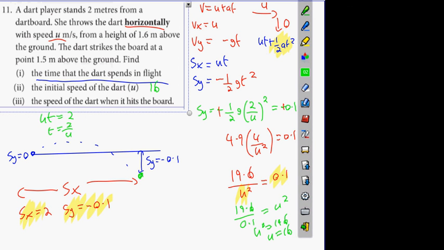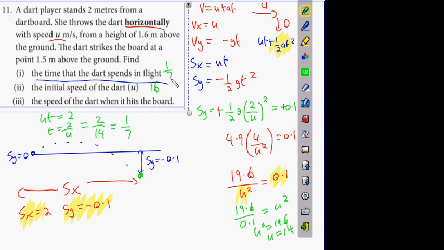Sorry guys, the square root of 196 is 14. Excuse me. So the time is going to be 2 over 14, which is 1/7. It takes 1/7 of a second to get over there.